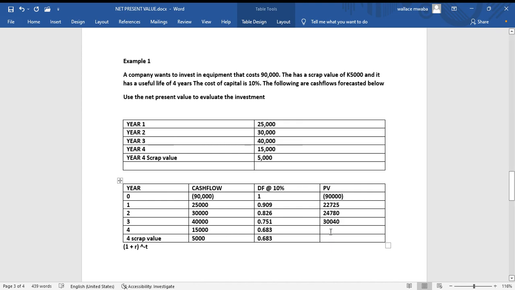And 15,000 times 0.683, we get 10,245. Finally, we say 5,000 times 0.683, we get 3,415.